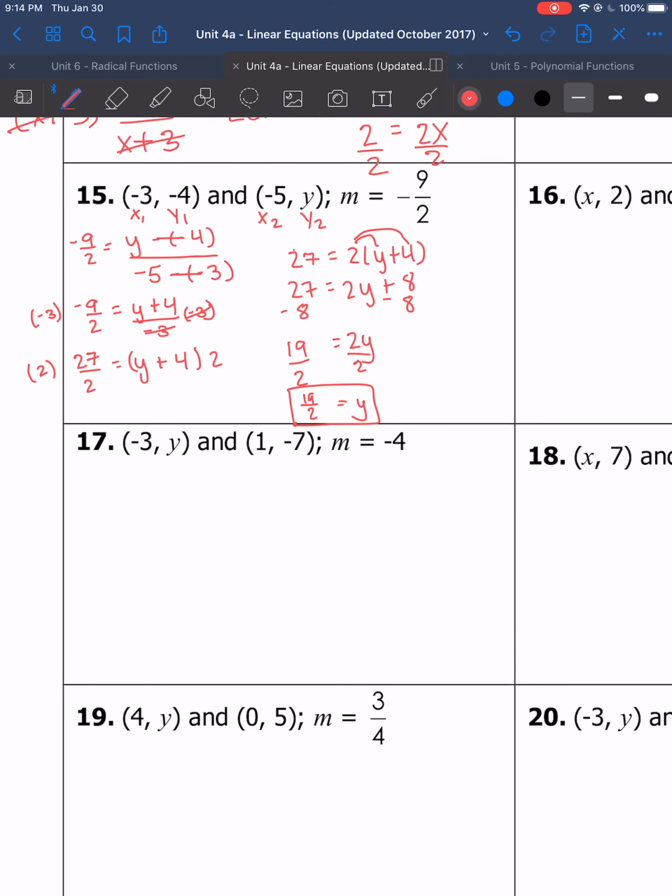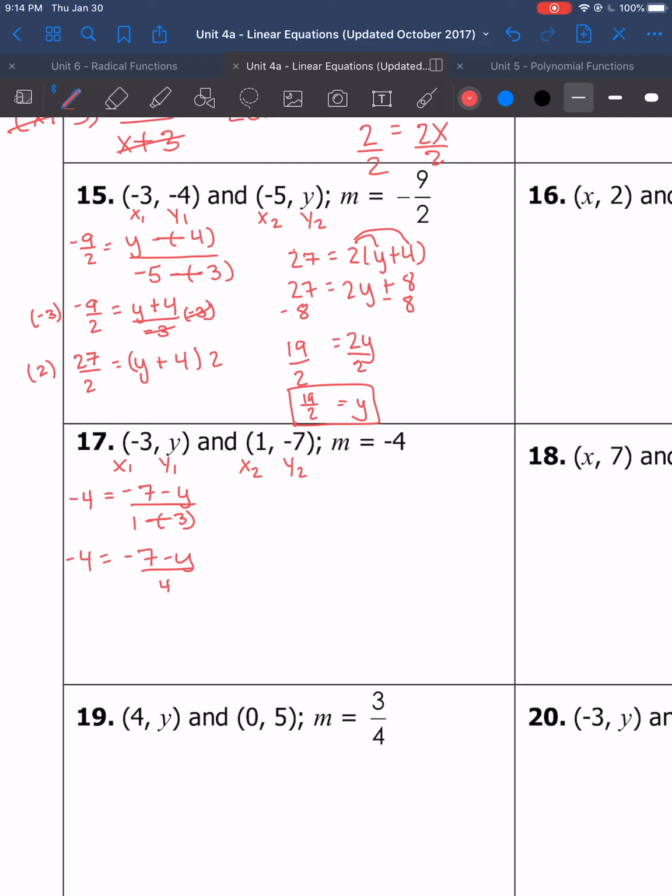So x1, y1, x2, y2. The slope equals negative 4. So negative 4 equals negative 7 minus y over 1 minus a negative 3, which becomes a plus 3. So negative 4 equals negative 7 minus y over 4.